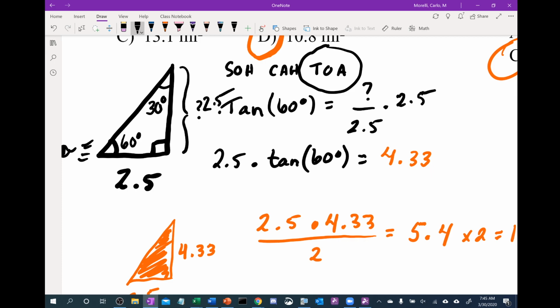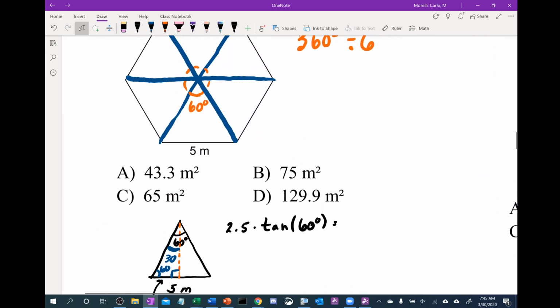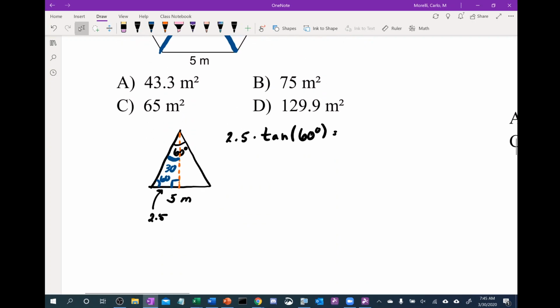And then you do 2.5 times 4.33 divided by 2. 4.33 is the height. Okay, so then it's 2.5 times 4.33 divided by 2.